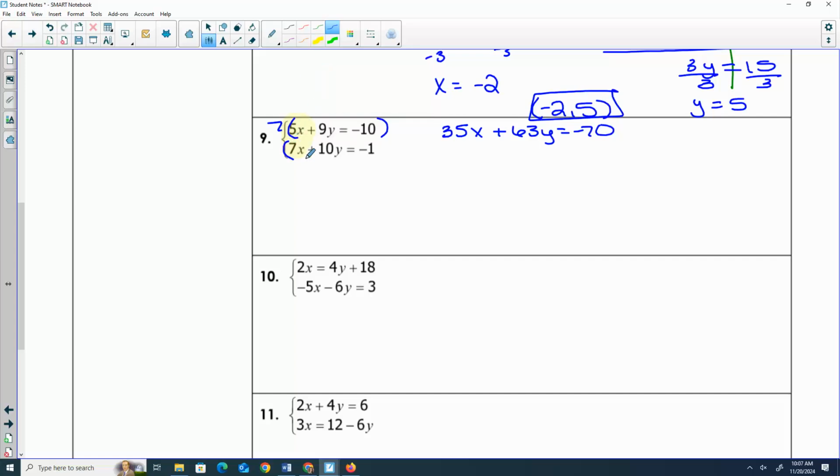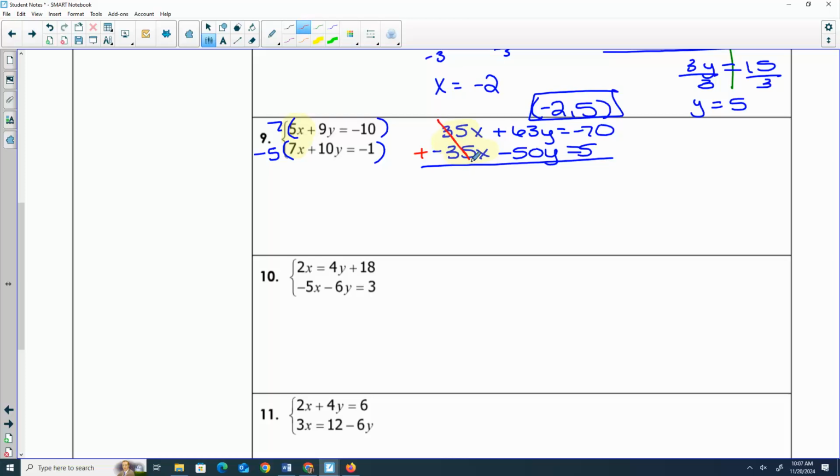What do we take the bottom one times? Because we need a negative 35x. That's negative 35x minus 50y equals 5. Now, quick check. My x's are the same number, opposite signs, so we can add.